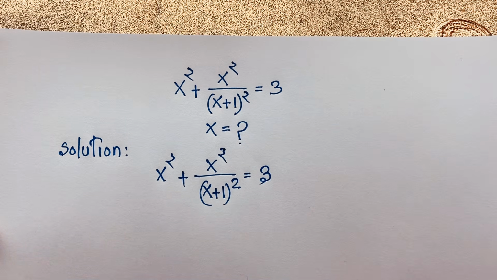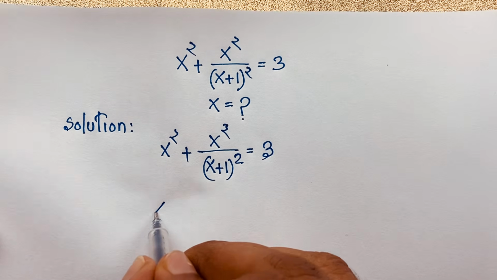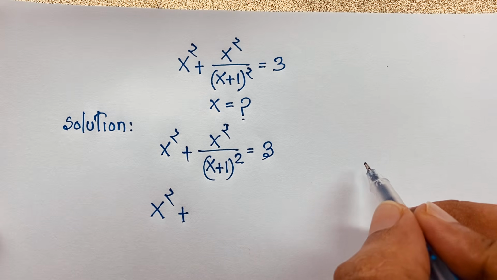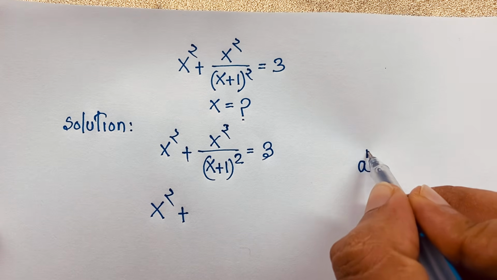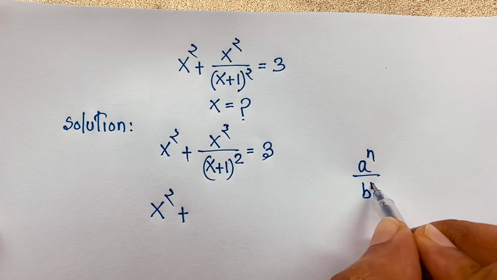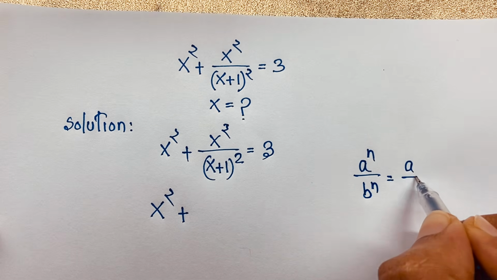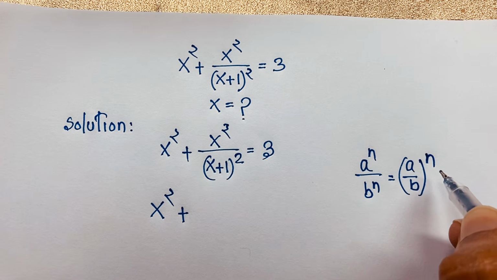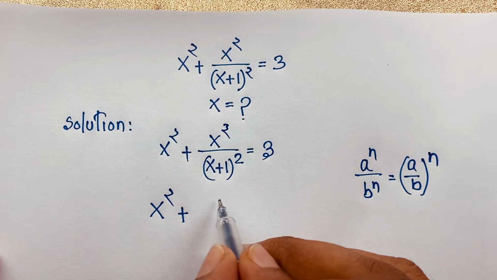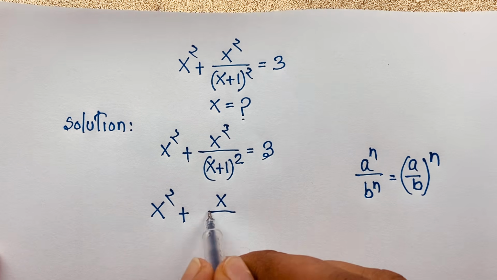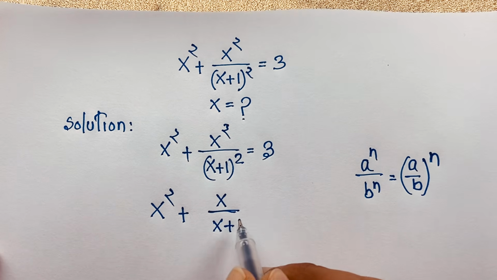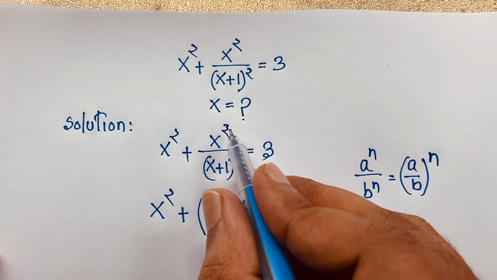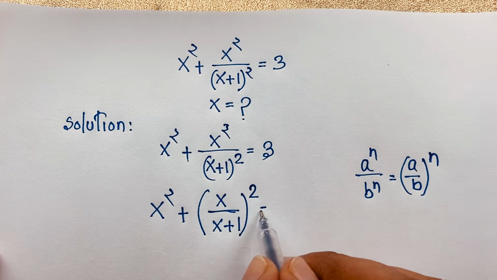Now according to the exponential formula, this expression will be a to the power n over b to the power n, which is (a over b) whole to the power n. I apply this maths formula here, which is (x over x plus 1) whole to the power 2. Because of that, this exponent 2 and this exponent 2 are the same, then is equal to 3.